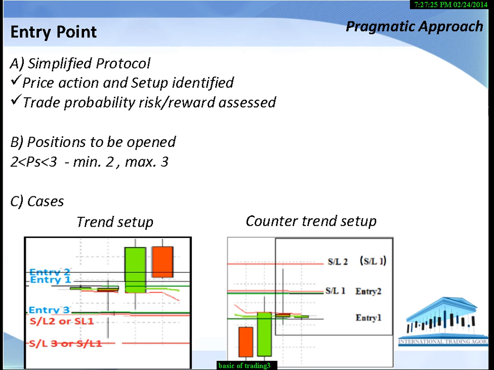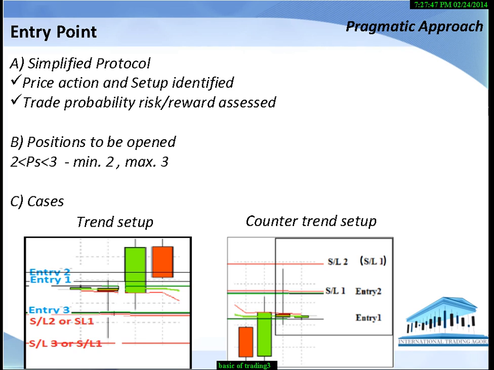Still, we have identified a relatively simplified protocol to determine the entry point. Here we have an example which is basically two examples, the most recurring: trend and counter trend.